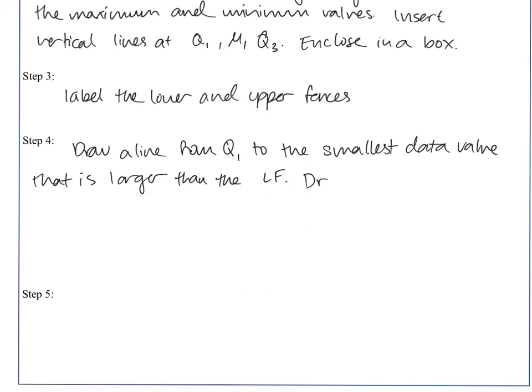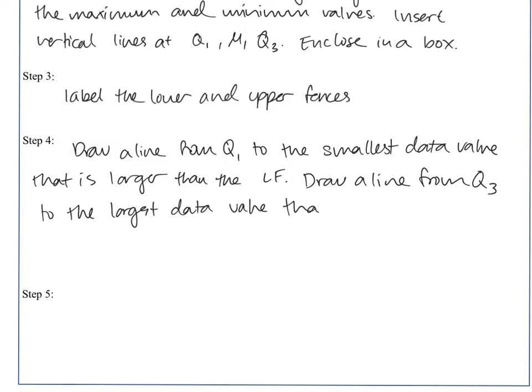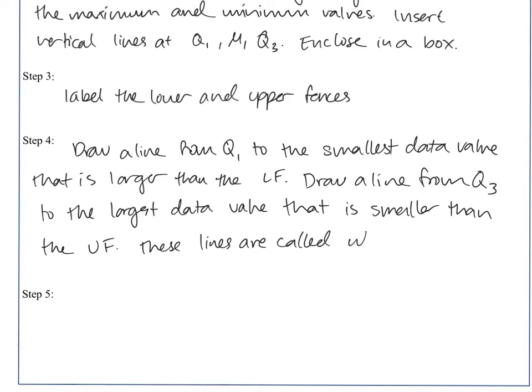Then, very similarly, draw a line from Q3 to the largest data value that is smaller than the upper fence. I'll shortcut to UF. These lines are called whiskers. You've probably seen these graphs before.